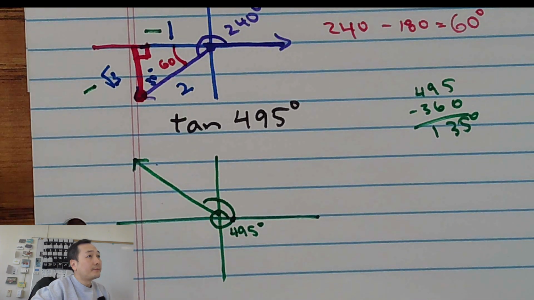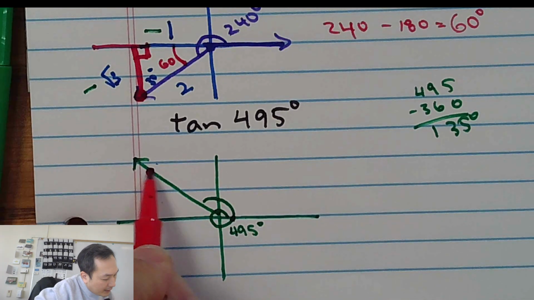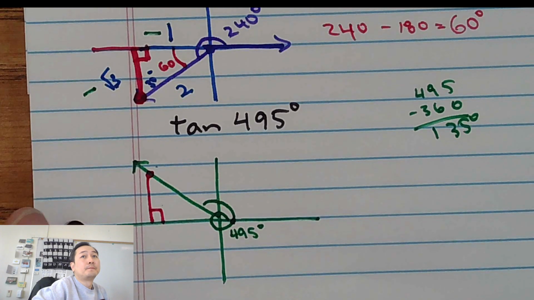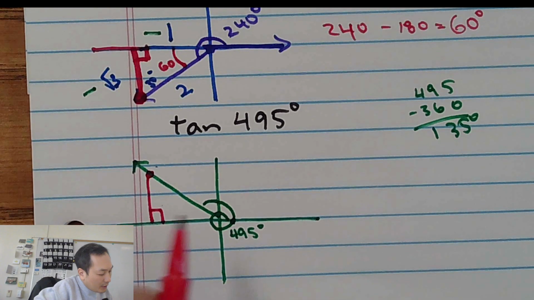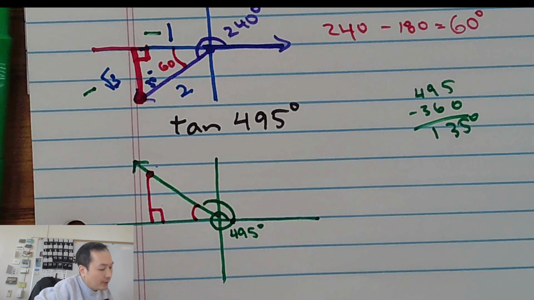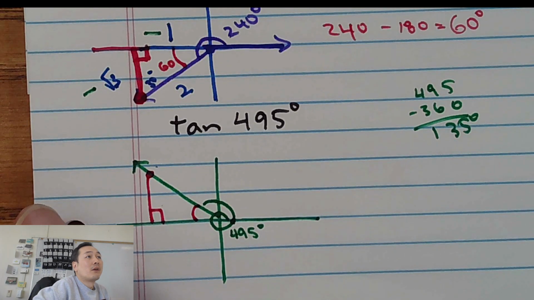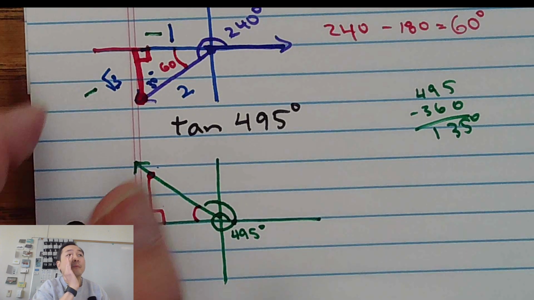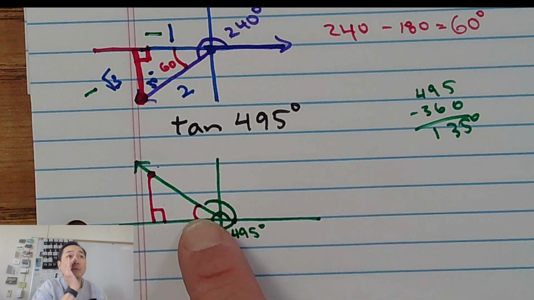Making a reference triangle, I have that, right? So what is that angle there? This red angle, 45, right? We just did it like 3 examples ago.